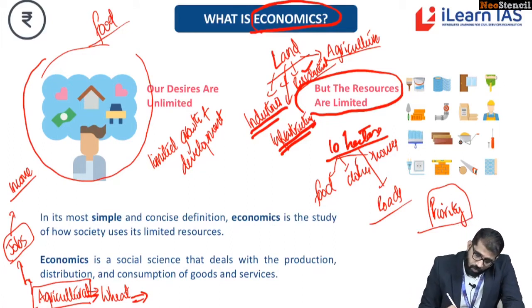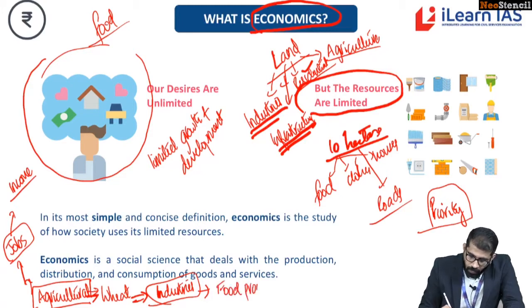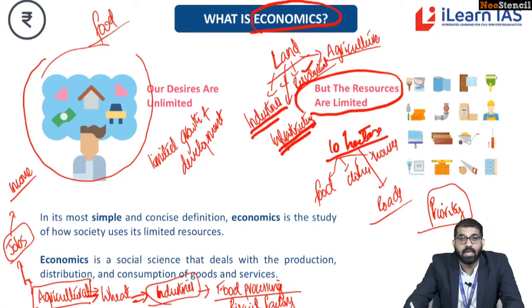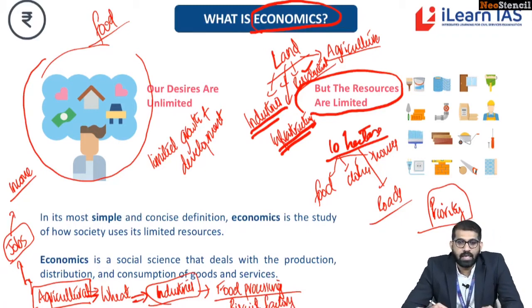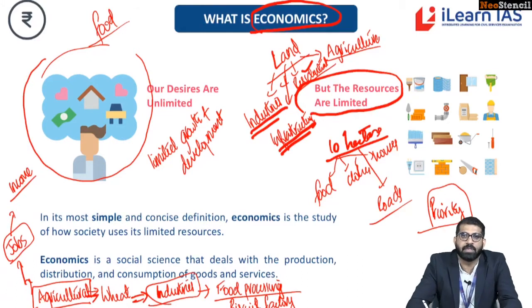Now the wheat will be used by some industries as well. For example, let's take the case of a food processing industry, or the example of a biscuit factory. Now in a biscuit factory, they will be using this wheat in order to produce biscuits, suppose they are producing wheat related biscuits.